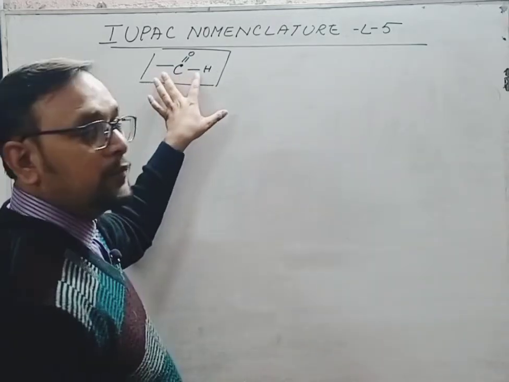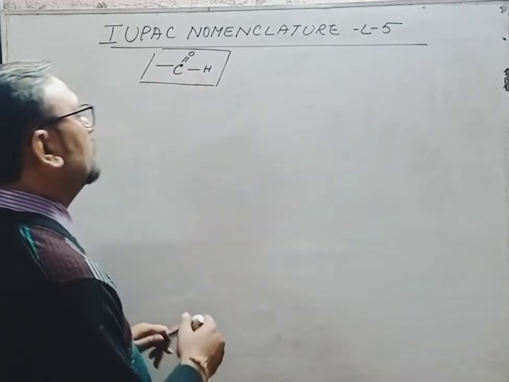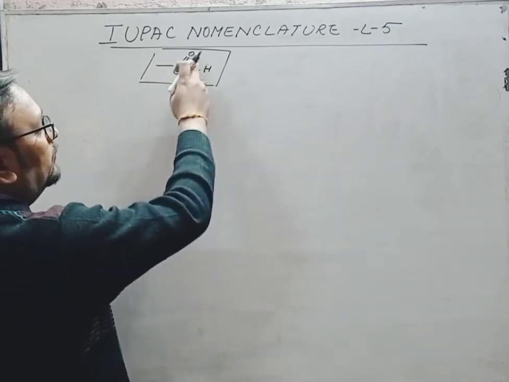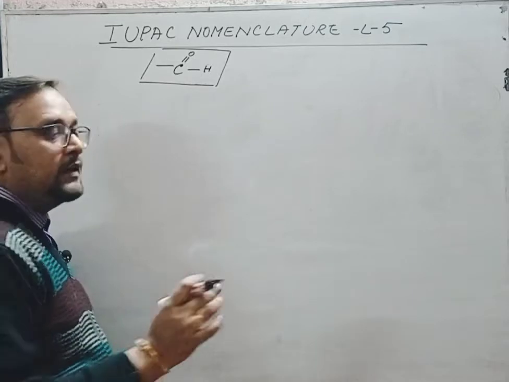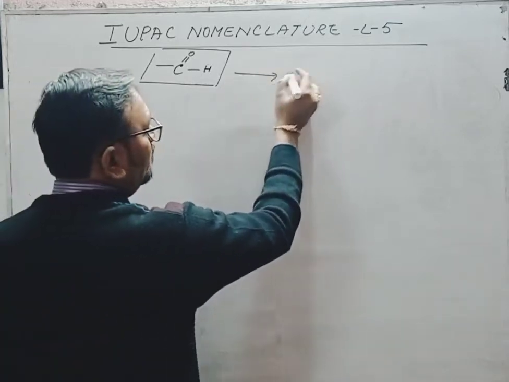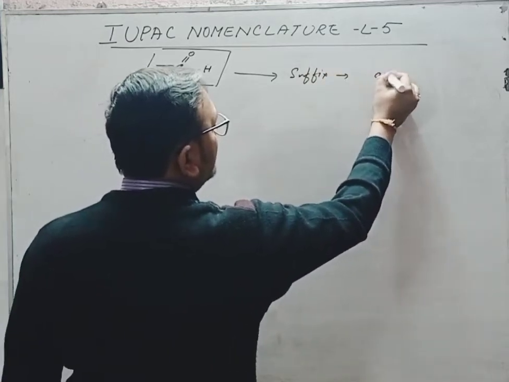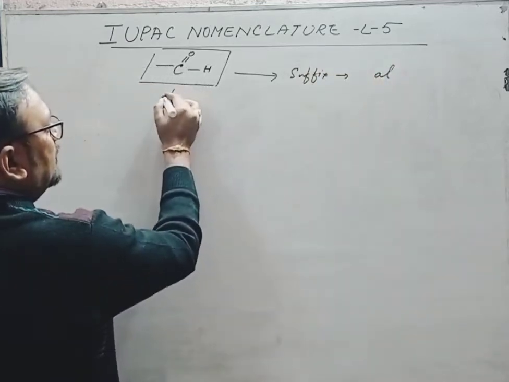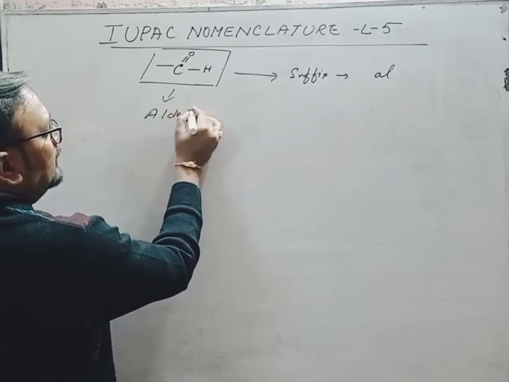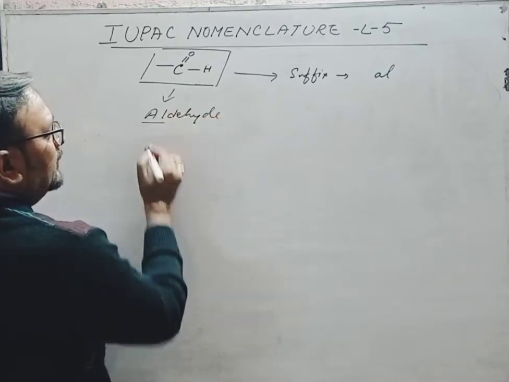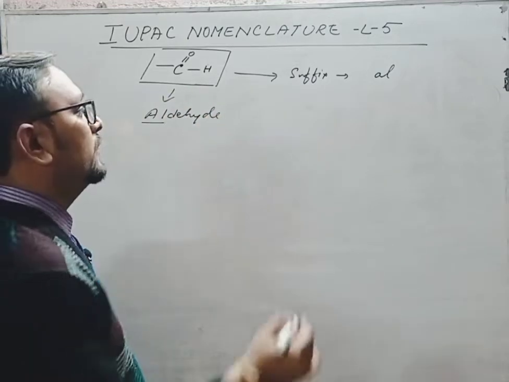Now this is the formula of the aldehyde group, so we represent it as C double bond O dash H. So what is the suffix we are going to use for it? The suffix is "al", since this is an aldehyde, so we are going to take the suffix "al" over here.